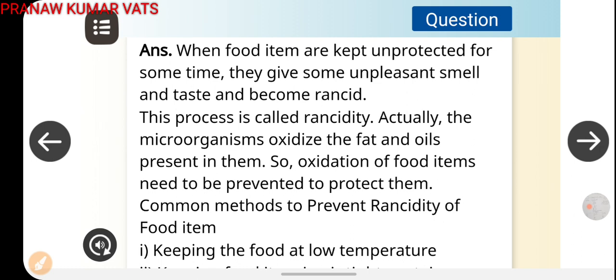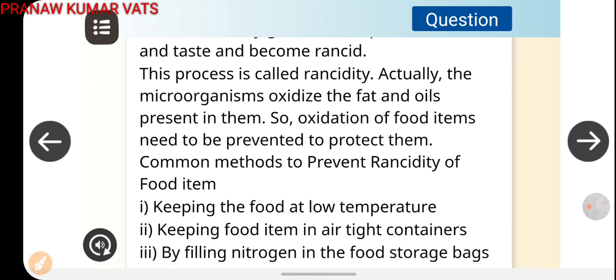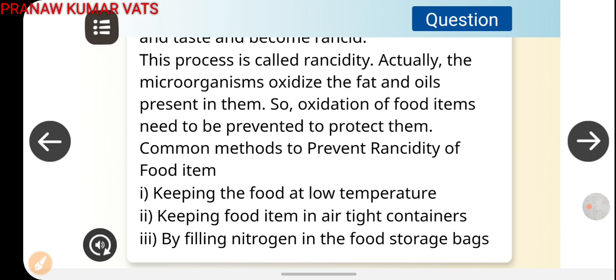So, oxidation of food items needs to be prevented to protect them. Common methods to prevent rancidity of food items: first, keeping the food at low temperature. Second, keeping food items in airtight containers. And third, filling nitrogen in the food storage bags.